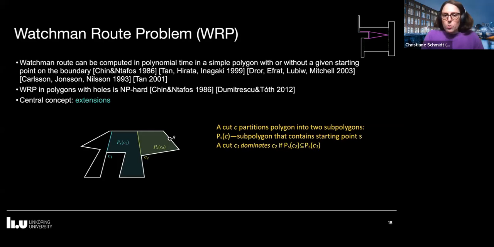What we can say is that a cut dominates another. In this case, C1 will dominate C2. Why? If you go from S to any point on C1, you will automatically also cross C2. So essentially you can ignore C2 because if you go to C1, you will have covered it automatically.